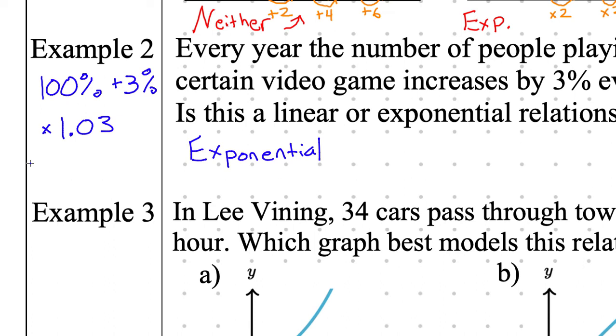So there's going to be a giant part of this unit where I'm going to teach you guys how to convert percentages into decimals so that you can multiply, because multiplication is what it means to be an exponential function. If I multiply by 1.03 over and over and over again, it will have exponential growth.